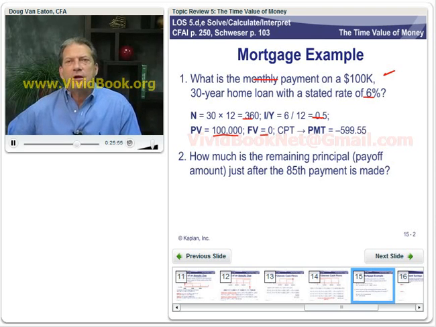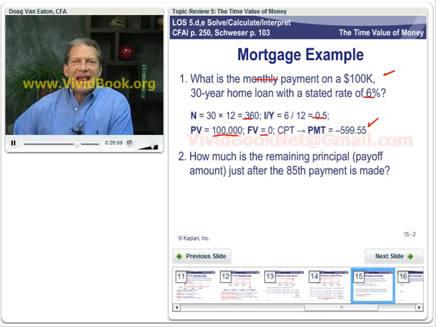We calculate our payment and see that it would be $599.55 per month. Now look at this second question. How much is the remaining principal or payoff amount just after the 85th payment is made?